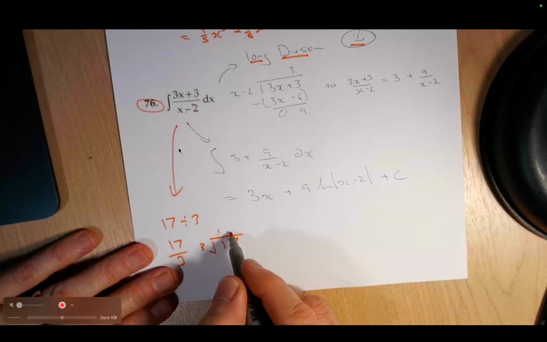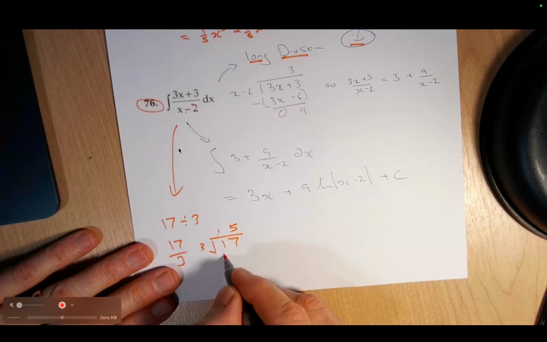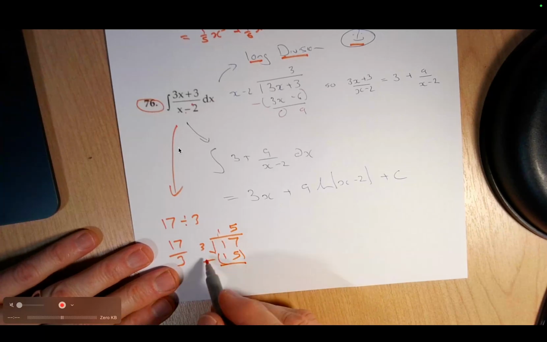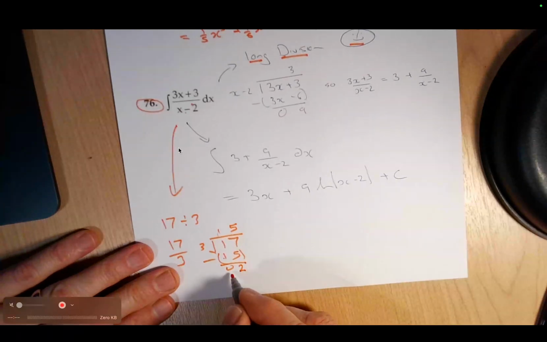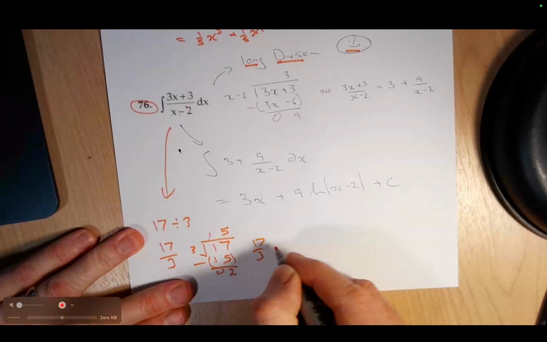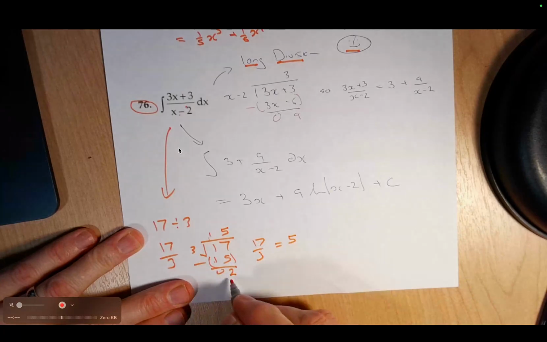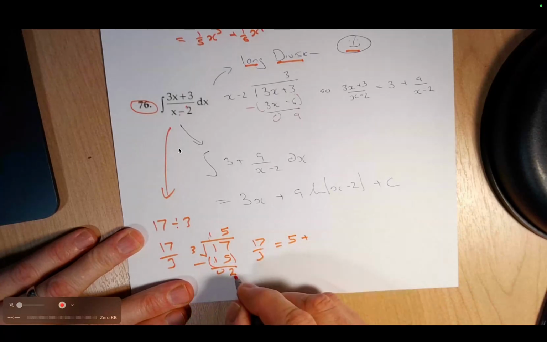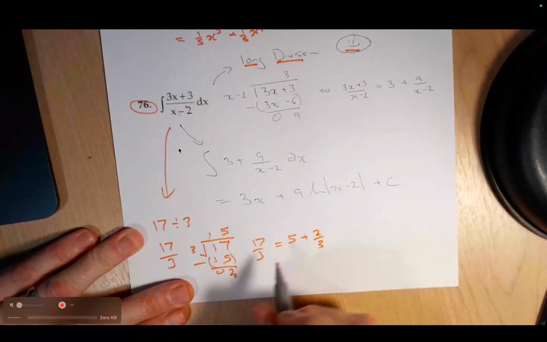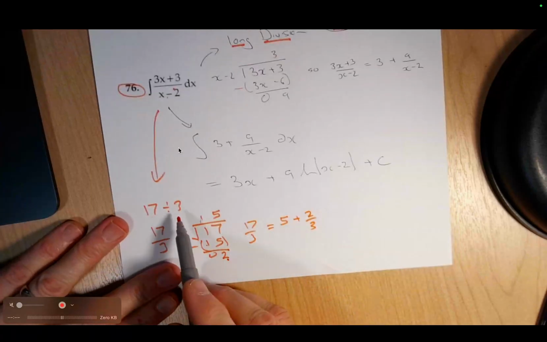Okay, so how many 3's go into 17? 5, and you go 5 times 3 is 15, underline, brackets, and subtract. 1 minus 1 is 0, 7 minus 5 is 2. And so your answer is 17 over 3 is 5 plus 2 over 3.